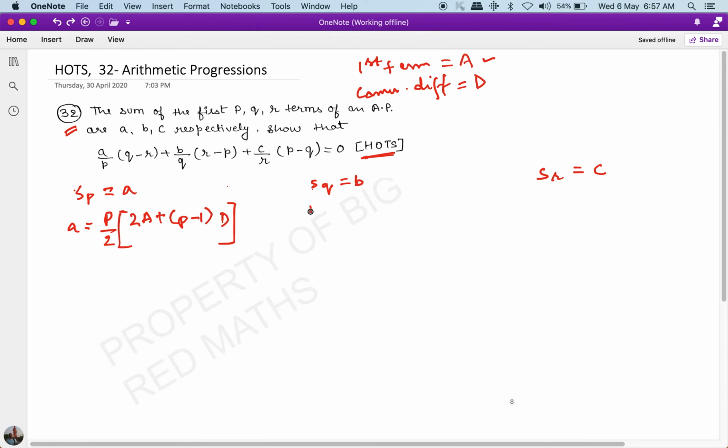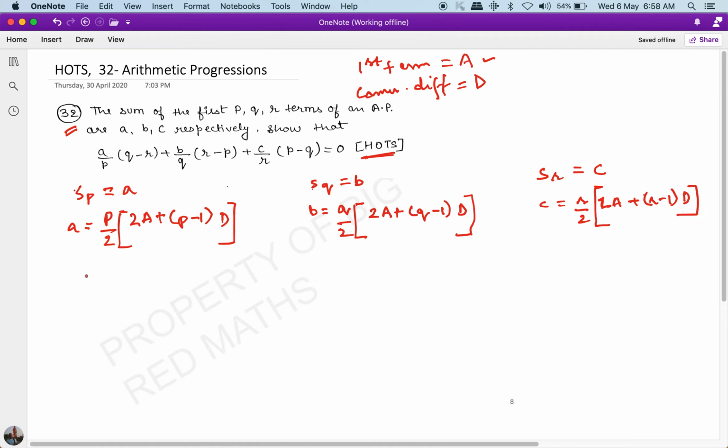So B is equal to Q by 2 multiplied by 2A plus Q minus 1 into D. And similarly C will be equal to R by 2 into 2A plus R minus 1 into capital D.